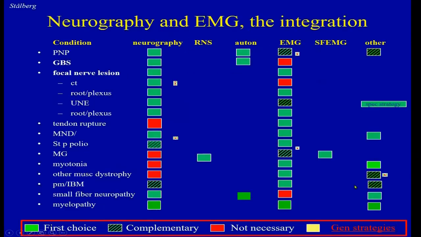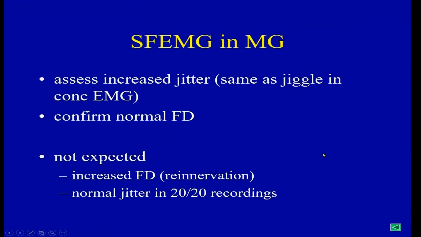The single fiber EMG is then used in situations where the rep stim did not give a typical diagnostic pattern, and we want to then see if the patient has increased jitter.